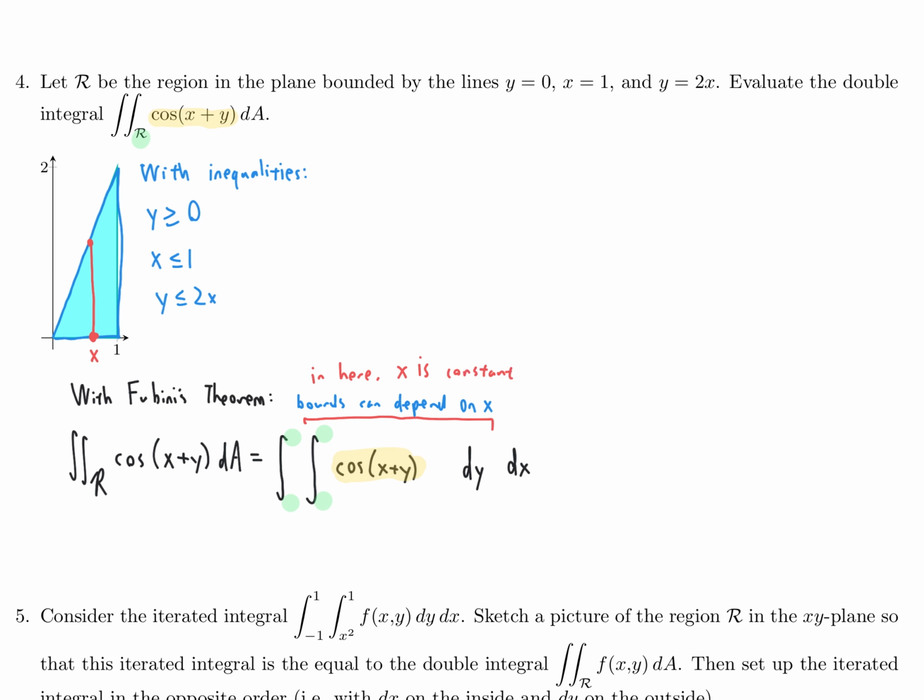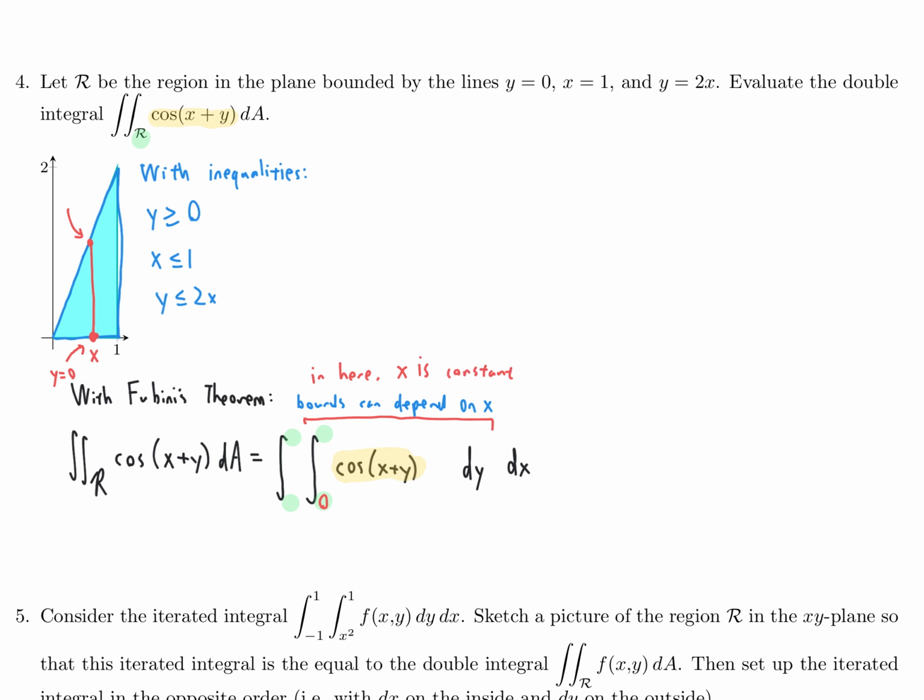So the lower limit, the smallest that y can be along that line segment, is always going to be 0. It didn't matter what x I chose. The lower limit for y was always going to be 0. And so I'll go ahead and plug that in for my lower limit for y. Now for the upper limit, you can see that the upper limit depends on what x is. For x close to 1, we're going to have larger upper limits than for x close to 0, where we'd have lower upper limits.